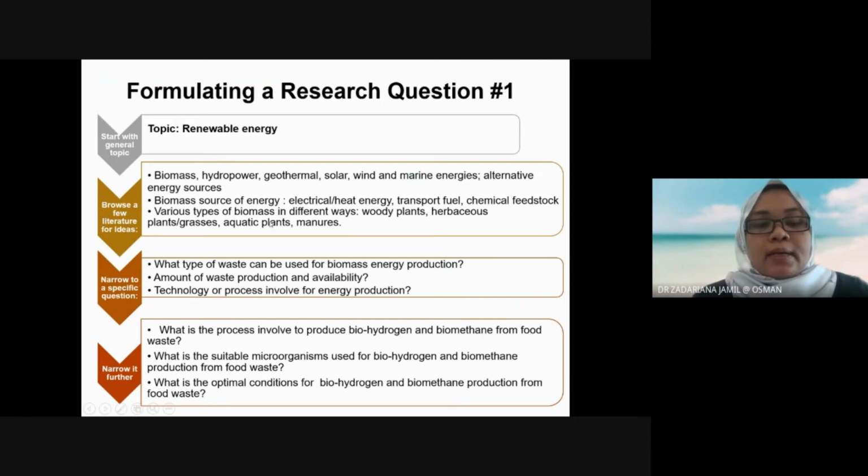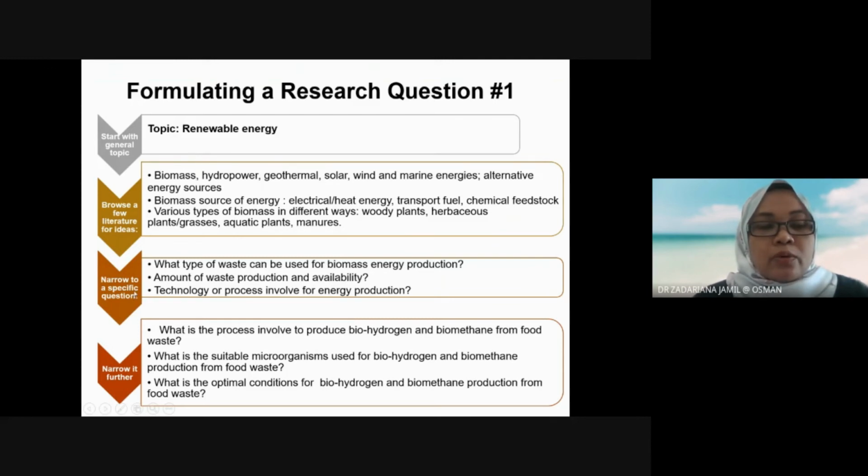Biomass is a source of energy, and others. Then you narrow down. As you can see here, there are a lot of renewable energies. After browsing a few pieces of literature on renewable energy, you need to narrow down to specific questions and select the niche area that you want to study. For example, we choose biomass energy sources.